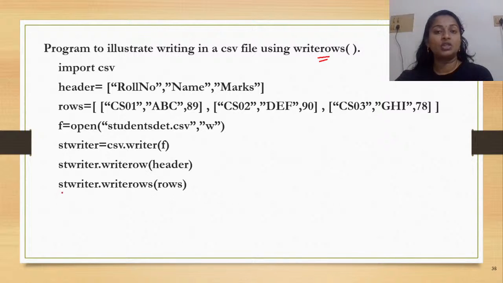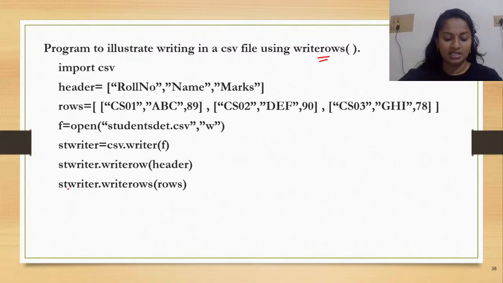Now, since you do not need a loop here, you would be writing in line with the rest of your program. Is the idea clear? So this is a program illustrating how to write in a CSV file using writerows. Is the idea clear?